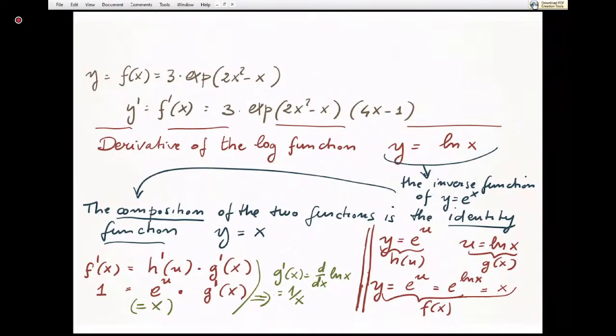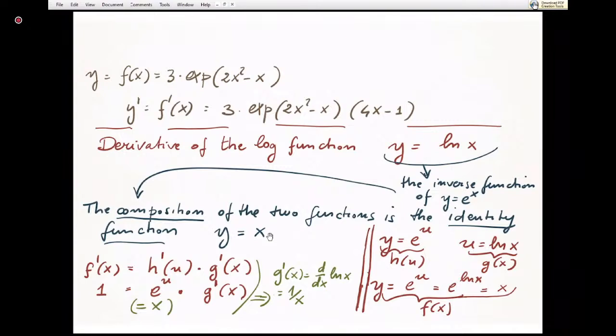If I make the composition between the inverse function and the function itself, I get, as the composite function, the identity function. Okay? This means that the composition of one function and its inverse is the identity function. The identity function is f of x equal to x.